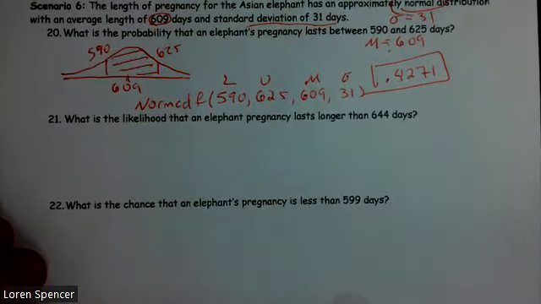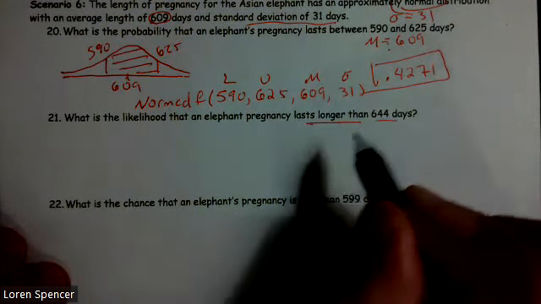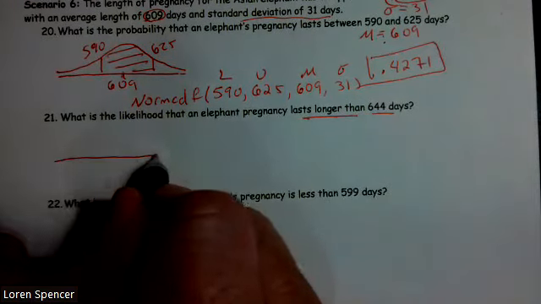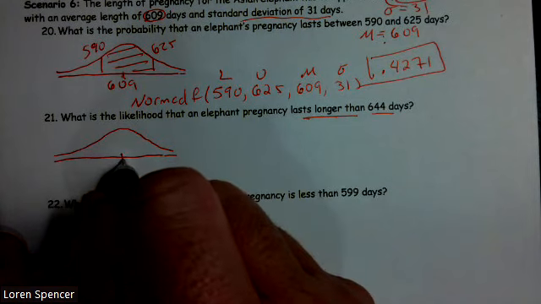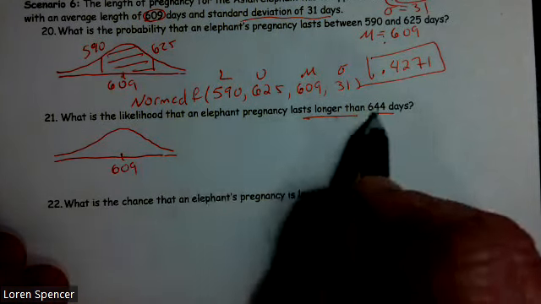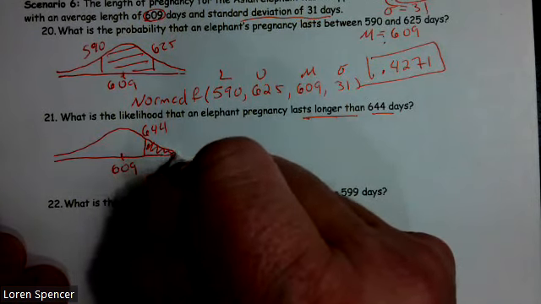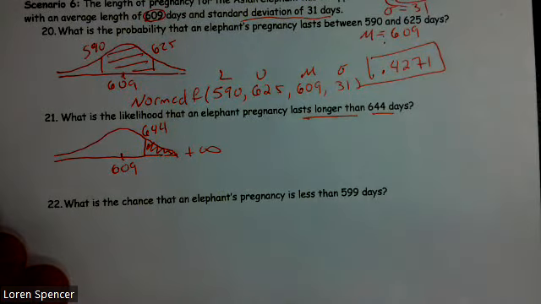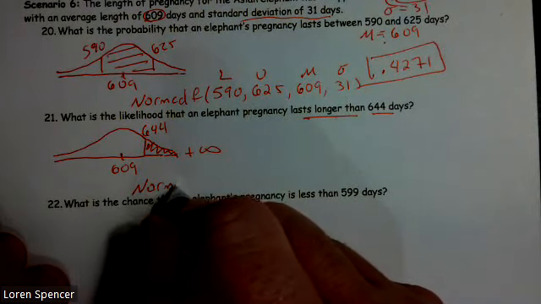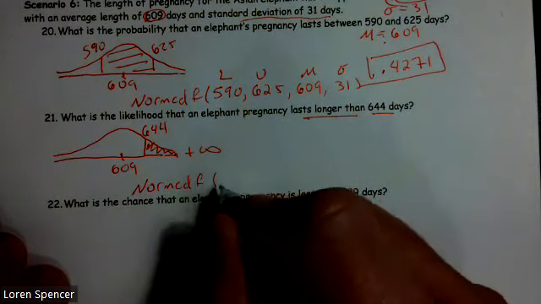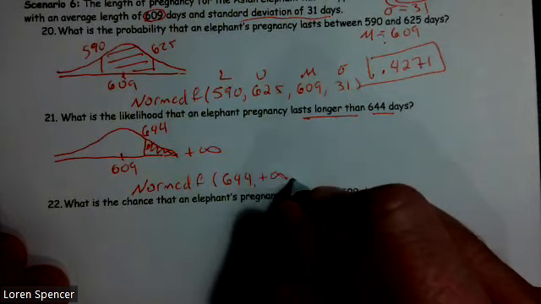What is the likelihood an elephant pregnancy lasts longer, so more than 644? A long pregnancy. You're talking about almost a year and 9 months. So 609 is my mean. Well, 644 is above it. They didn't give us a higher bound, so this has to go to positive infinity. So it's a norm CDF. Lower bound 644. Upper bound positive infinity.